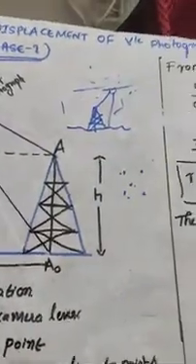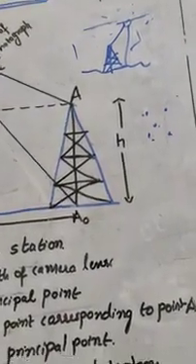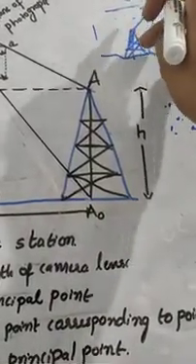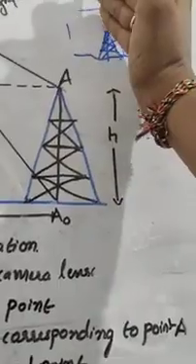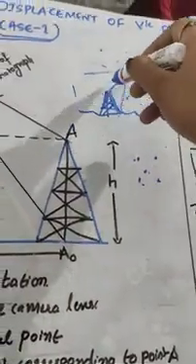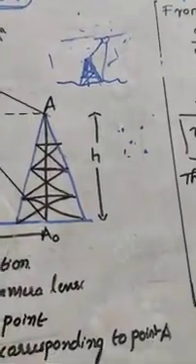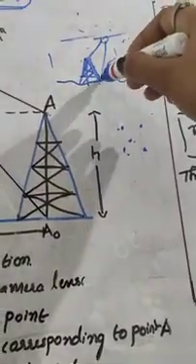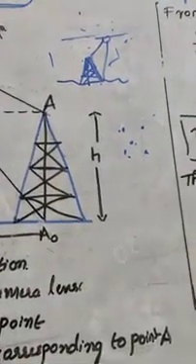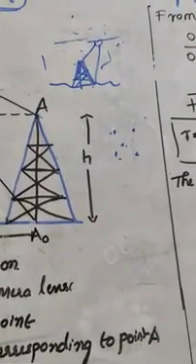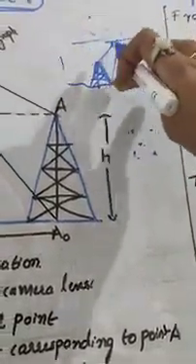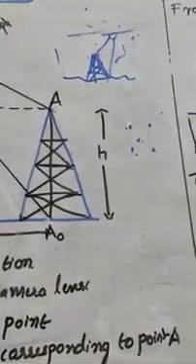Relief displacement means the displacement of these two points of an object, which are shifted on the photo plane, due to the presence of this elevation. Due to variation in the ground, when we take a photograph from the side view, this length itself will be plotted on the photo plane.